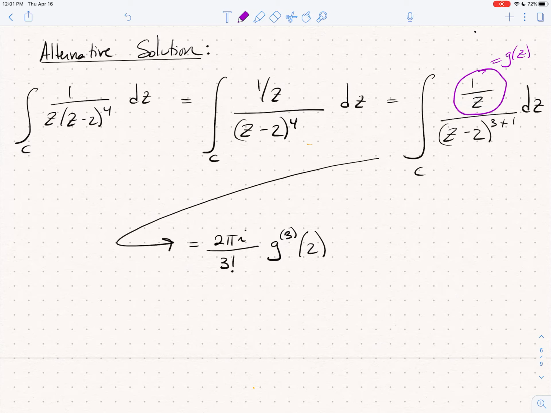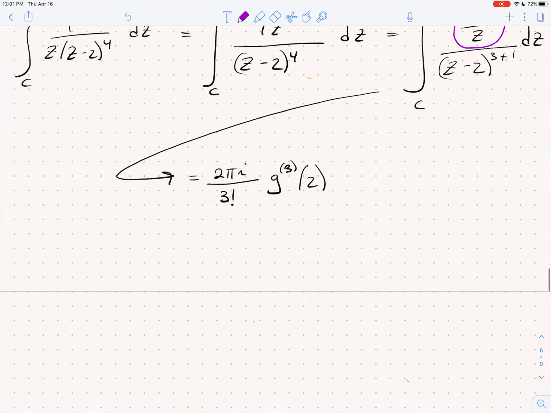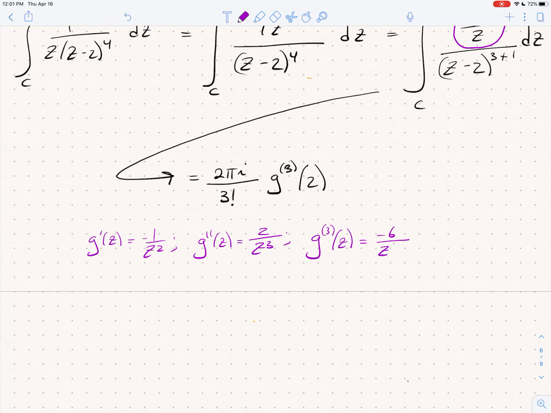So now I just have to take the third derivative. I don't want to spend too much of your time doing that, but I'll just point out that g prime of z is negative 1 over z squared. g double prime of z is what? 2 over z cubed. And the third derivative of g is what? Negative 6 over z to the fourth.